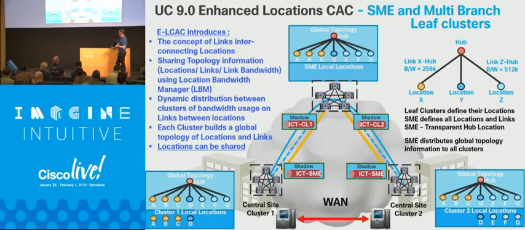But note here that I've got a device from this cluster in location D and a device from this cluster in location D as well. An environment where you might have that would be if you had a contact center cluster and a call manager cluster in the same physical location. They can both use the same bandwidth pool rather than setting up 2 bandwidth pools in 2 separate clusters. You can share that bandwidth between both of them.